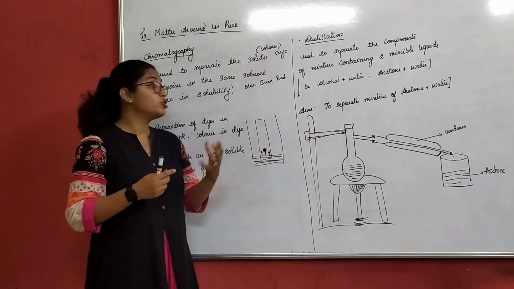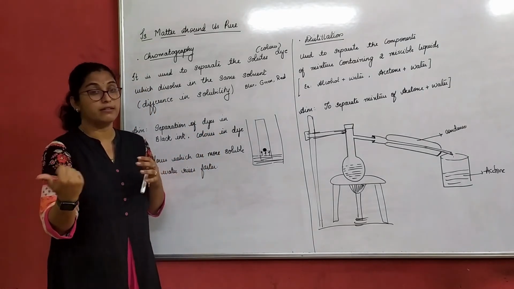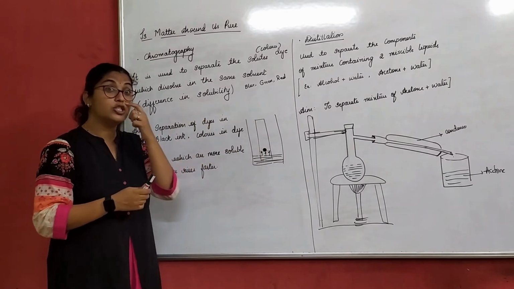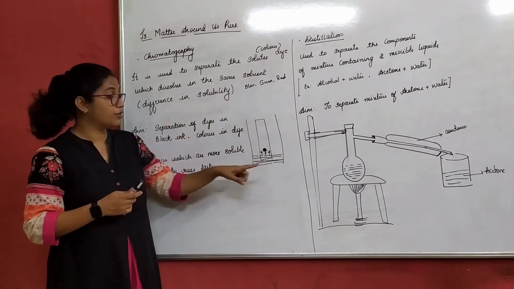Understood the meaning? Sugar is much more soluble here. Similarly, solubility in water means which can get easily dissolved or absorbed in water.